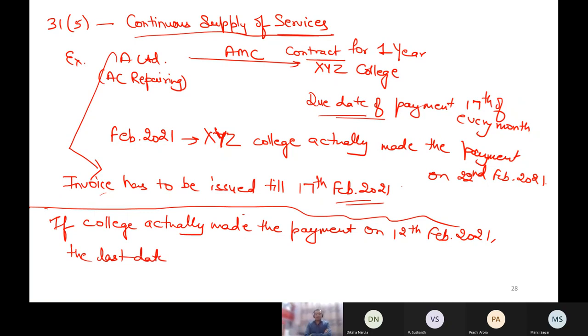What is the answer? If college actually made the payment on 12th Feb, what is the last date by which invoice has to be issued? Any answer from your side?